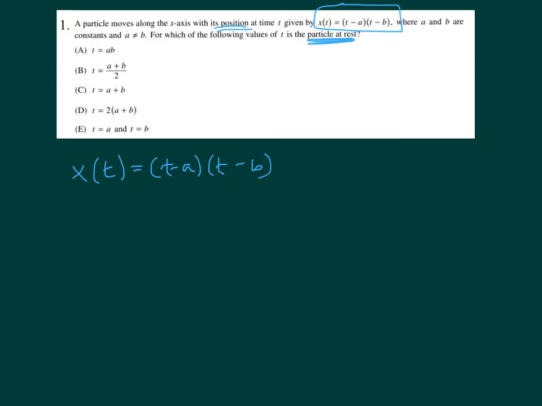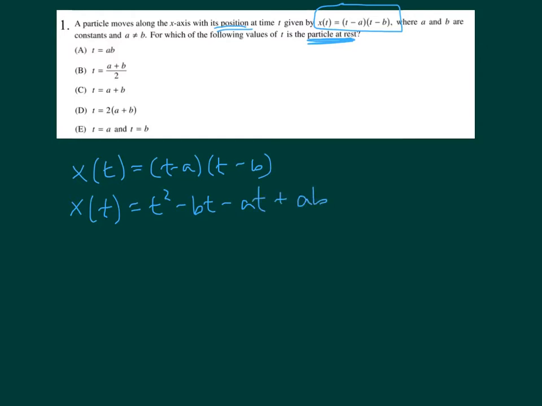I could also multiply the t minus a times t minus b for the position function, and then once I've multiplied that, find the velocity. I'm going to do that, I think it might be easier. You can do it either way. So you'd get t squared, and then minus bt minus at plus ab.